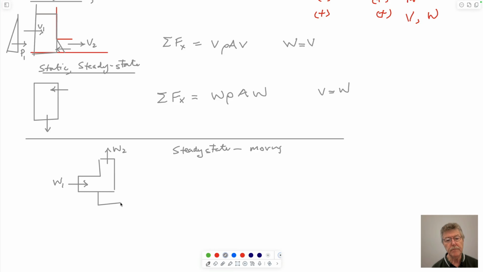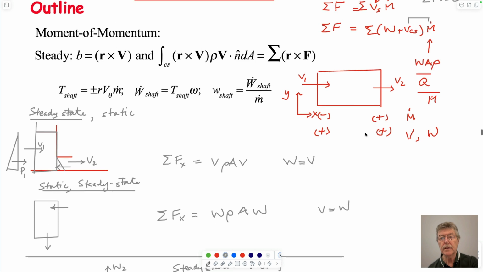And so it had some velocity of the control surface. It mattered that we gave a coordinate system to it, I guess. X and Y. And so I'll come back to it.